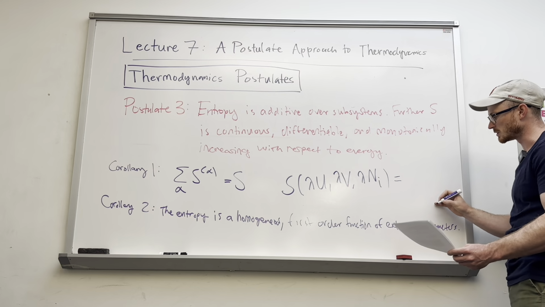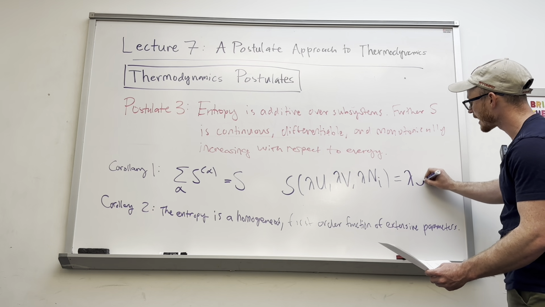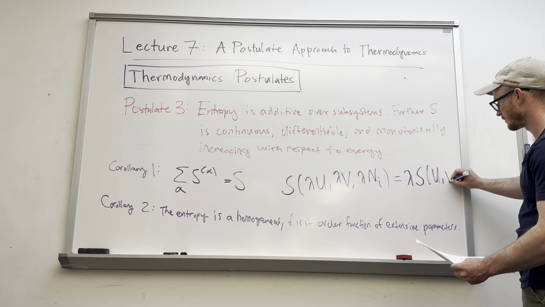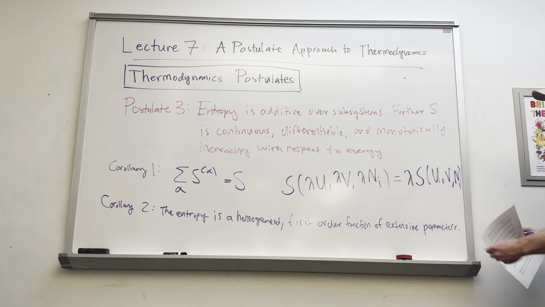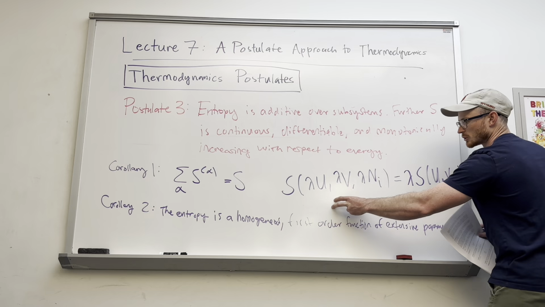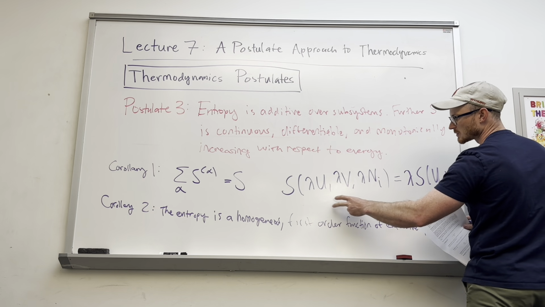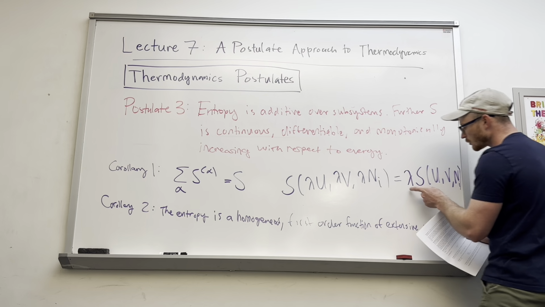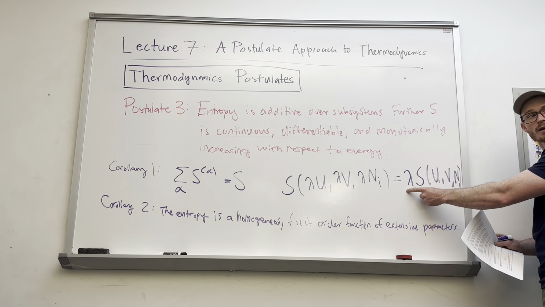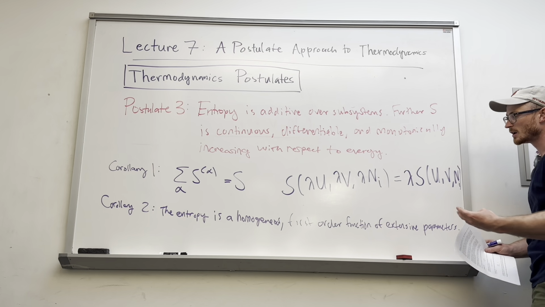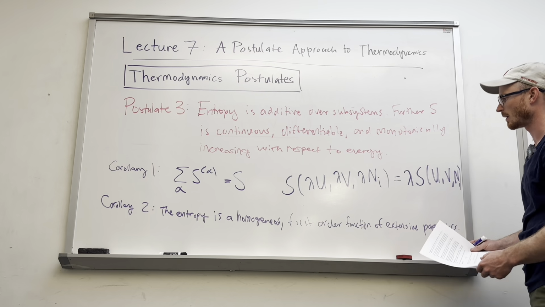This is equal to lambda times the original entropy. So it's almost as if by doubling or changing or multiplying your system by a certain scalar, all you've done to change the entropy is multiplying the original entropy by that same scalar. The system is twice as big, you have twice as much entropy, right?